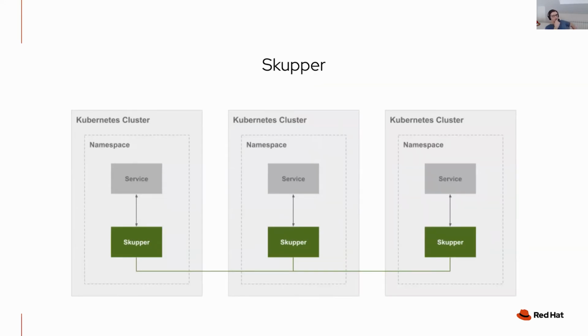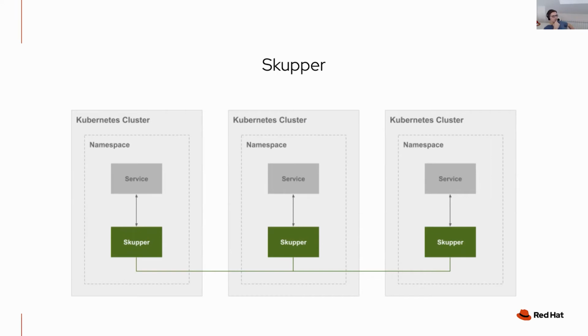How this looks, for example, in the Kubernetes space, is that you would have multiple AMQP routers interconnected, and then the services in each of the namespaces in different clusters would be proxied to this router network, and the users of these services would be completely unaware of the topology of the whole system.